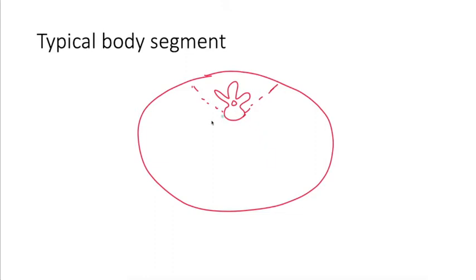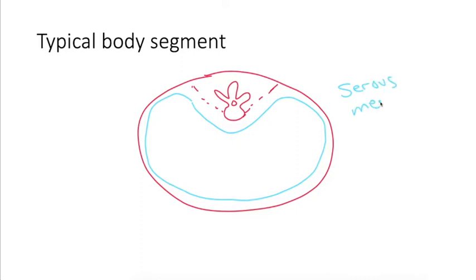Okay, so in the ventral cavity lining it, you have this membrane. It's just a sheet. And this membrane is called a serous membrane. Now, you don't have any organs yet. We're talking really early fetus. No organs yet.